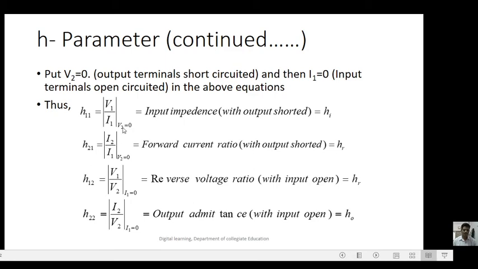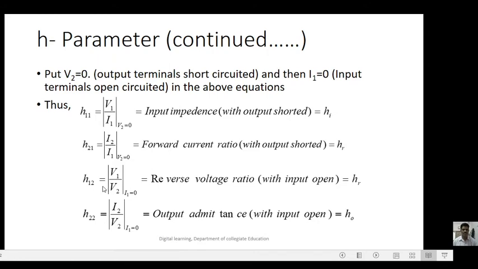Also, for these two equations, if we take V2 equal to 0, V2 can be applied to these two equations. Here H12 equals V1 by V2 at I1 equal to 0, the reverse voltage ratio with input open, HR.